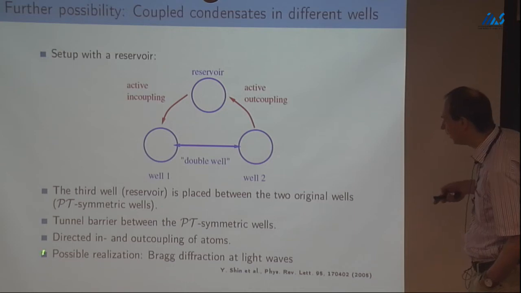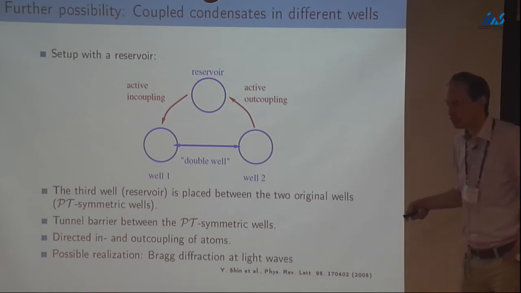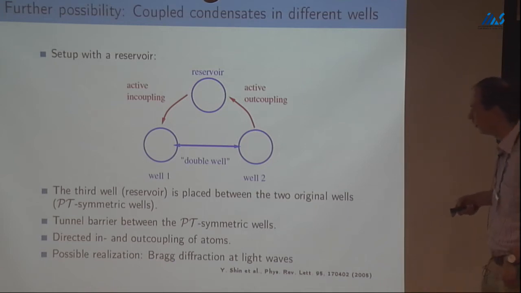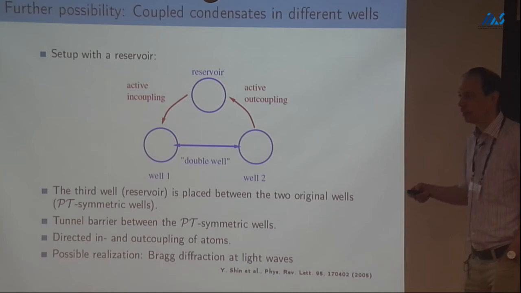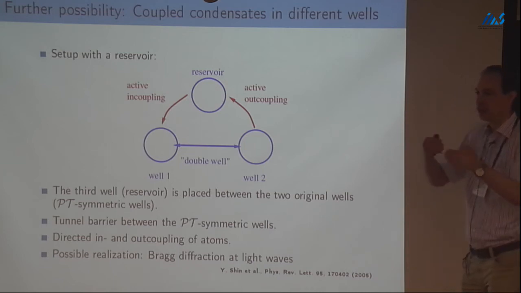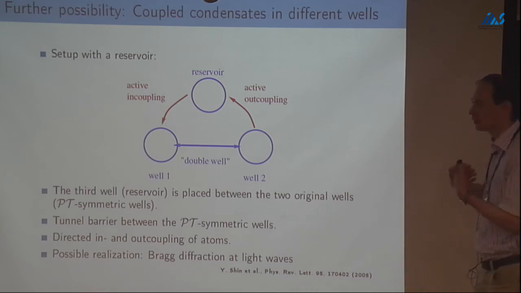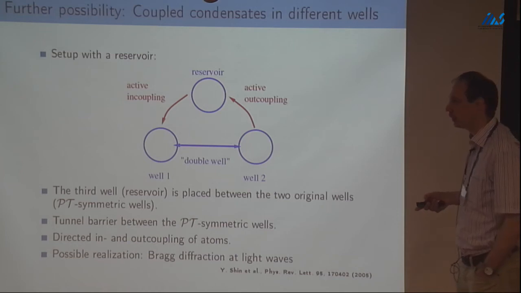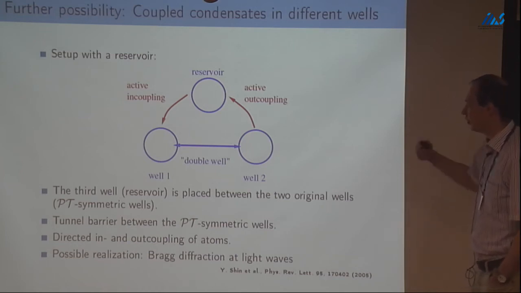A possible idea for realization might be, it was shown that from these wells atoms can be extracted by scattering with light waves, with Bragg beams, and it was also shown that these scattered atoms from the condensate fraction could be brought to overlap again later. So it was shown that the coherent character is still present, and that it gives some fringes, for example, in interference experiments.